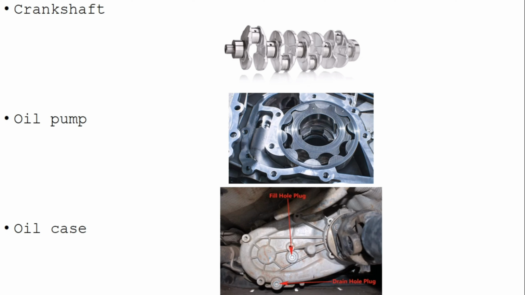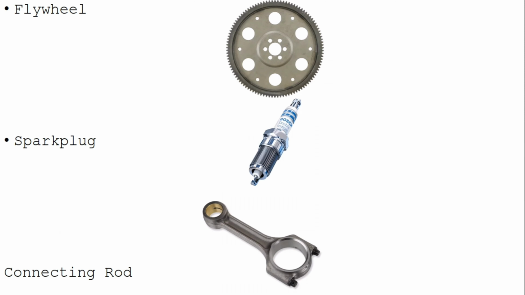So the crankshaft and the oil pump, both of these components are inside the engine case, and the oil case is attached to the engine case. If you want to change the engine oil, there is a nut on the oil case, so you will open it and the old oil will come out. You can put fresh oil inside your engine, so all of it will be stored in the engine case.